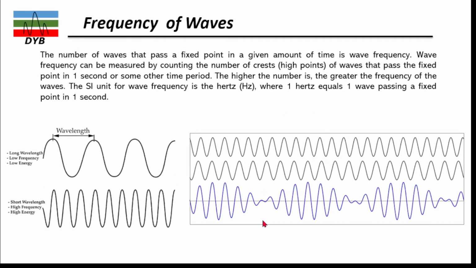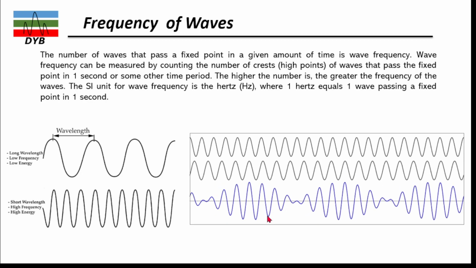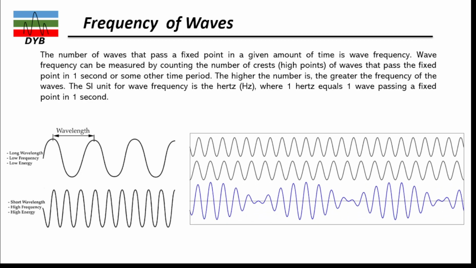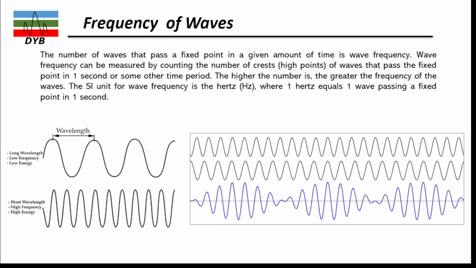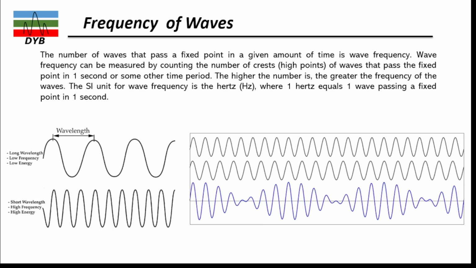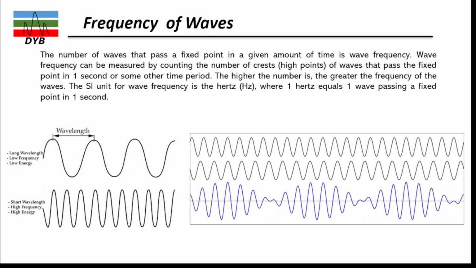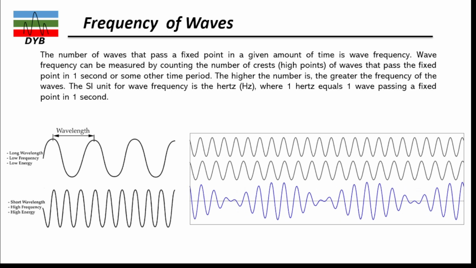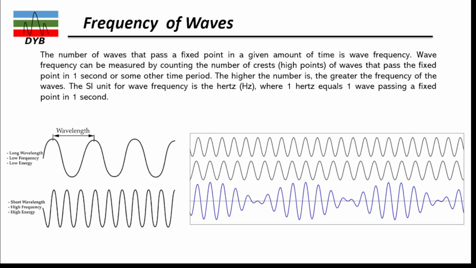So the frequency is another component. The number of waves that pass a fixed point in a given amount of time is called the wave frequency. The wave frequency can be measured by counting the number of crests, the highest points of the waves, that pass a fixed point in 1 second or some other time period.